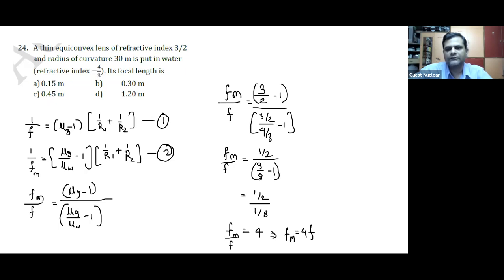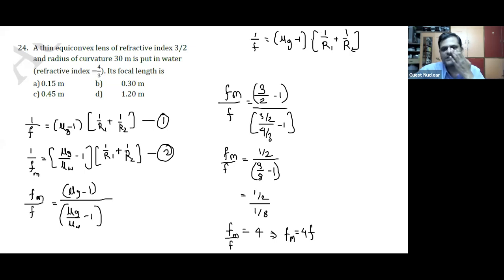But what is f? We can find it from this equation: 1 upon f is equal to (mu g minus 1) into (1 upon r1 plus 1 upon r2). This is the formula for a convex lens.